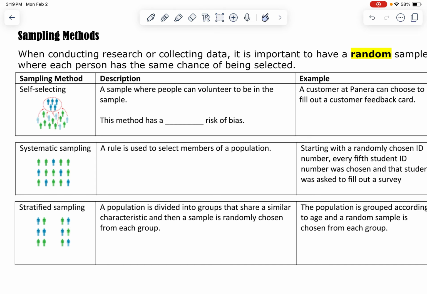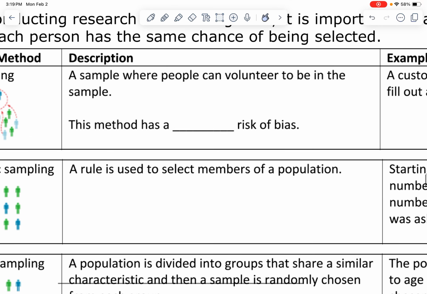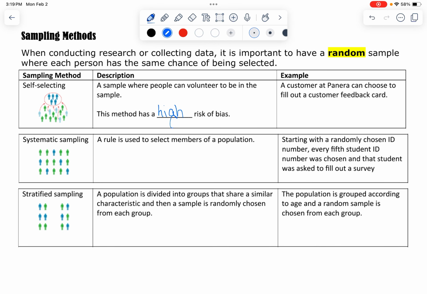Okay, the first is called a self-selecting method. This is where a sample of people can volunteer to be in the sample. An example would be a customer at Panera can choose to fill out a customer feedback card. Now, this method has a high risk of bias because only a certain number of people are answering, and it's not randomized that much.